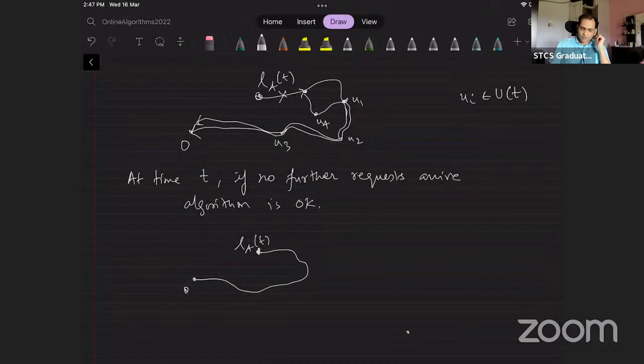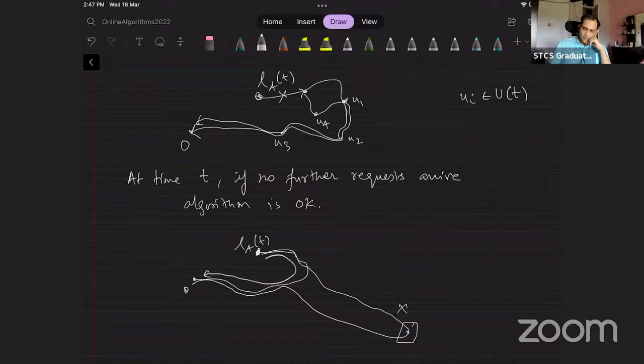What will it try to do? It will take all these guys into account and go back to 0. But should this point be even considered for this current tour? Can I not worry about it later? So I'm starting at LAT. If this point was not there, I would have followed this path. Now suddenly this point pops up and now I'm recomputing the path, which is possibly this path.